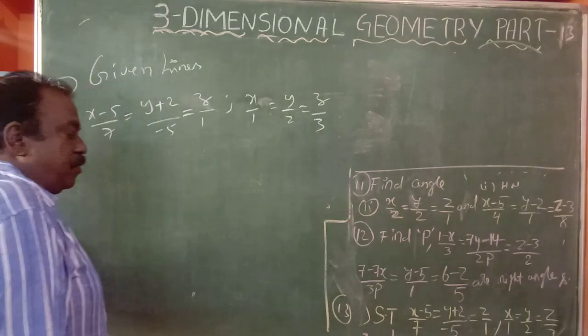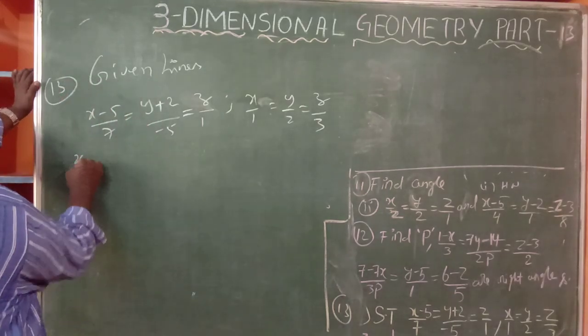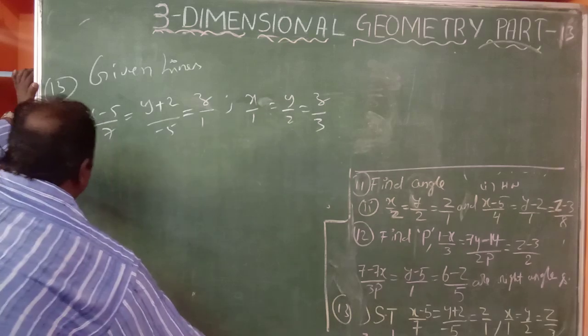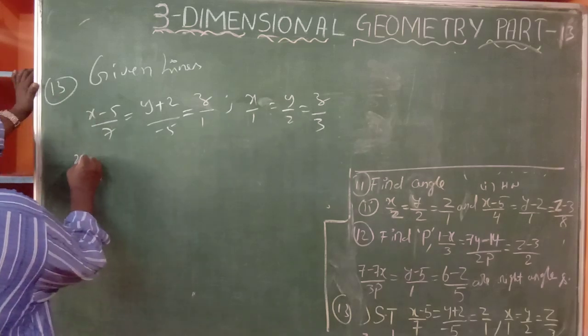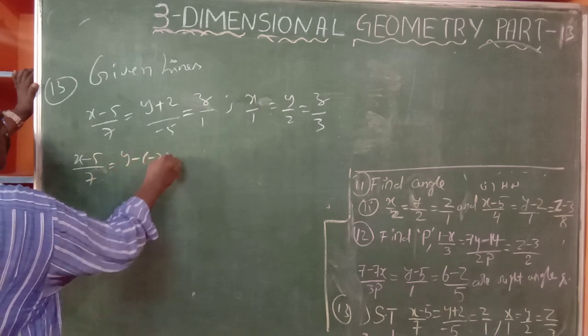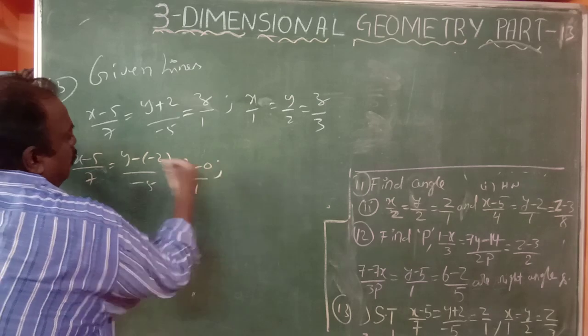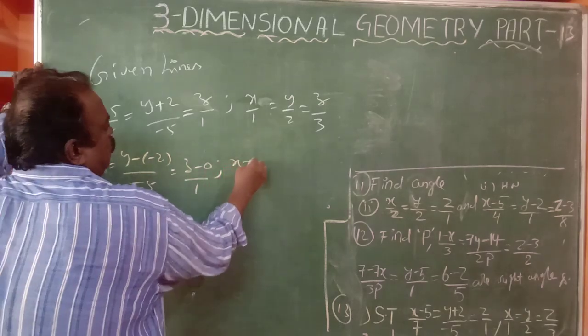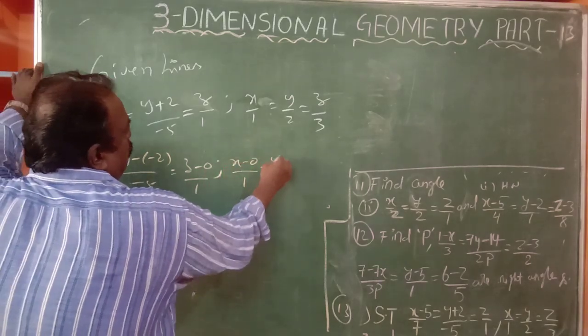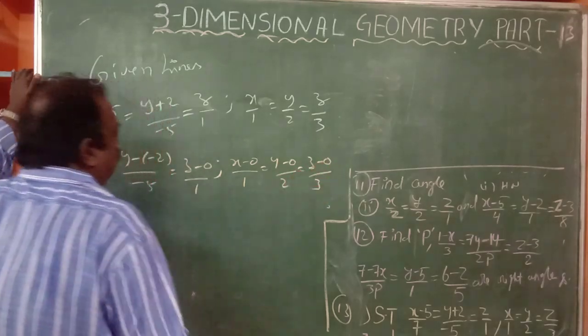Actually, we have to write it like that: x minus 5 by 7, y minus half minus 2 by minus 5, z minus 0 by 1. And here also, x minus 0 by 1, y minus 0 by 2, z minus 0 by 3.